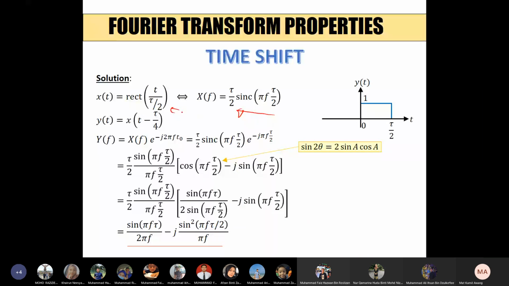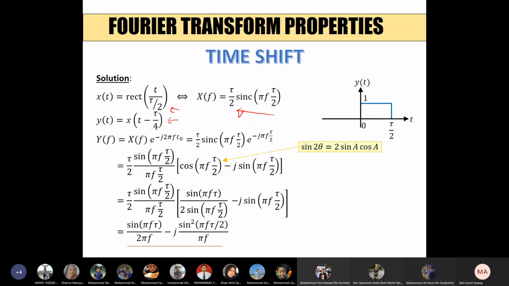So basically this transform, if x of t is equal to rectangular t over tau over 2, transforms into x of f, tau over 2 sinc pi f tau over 2. So therefore y of t equals x of t minus tau over 4.